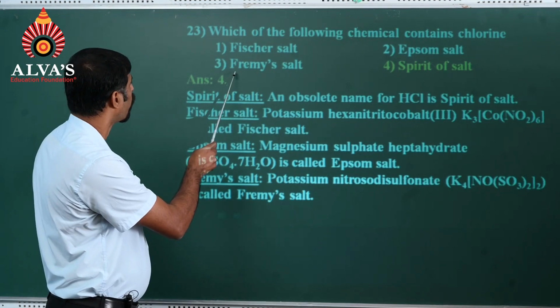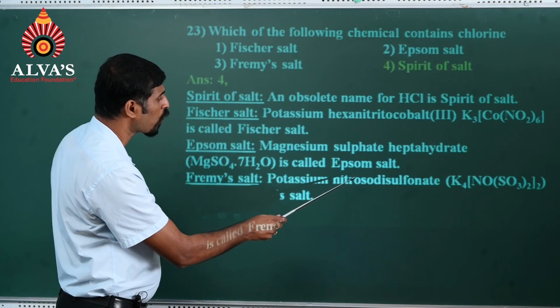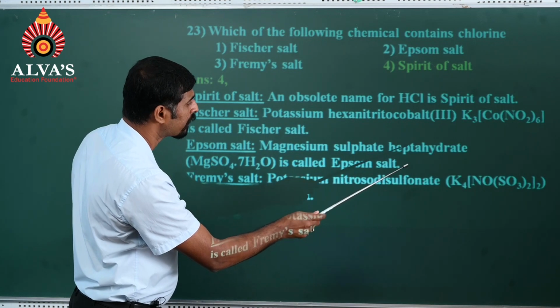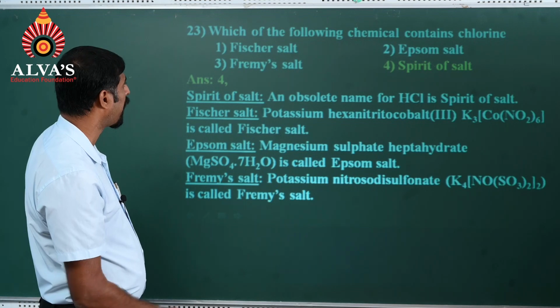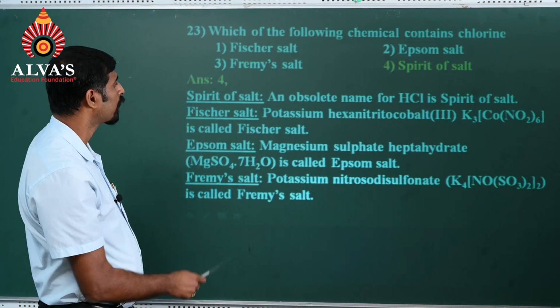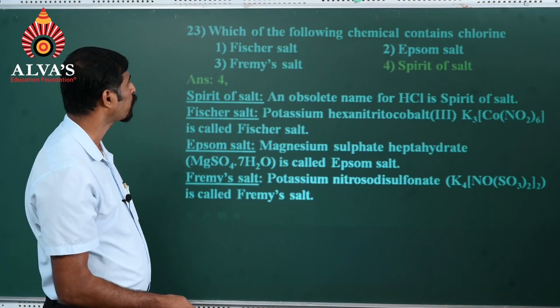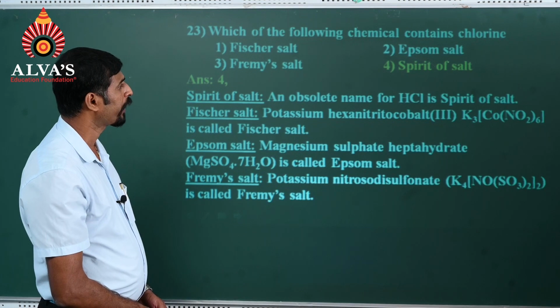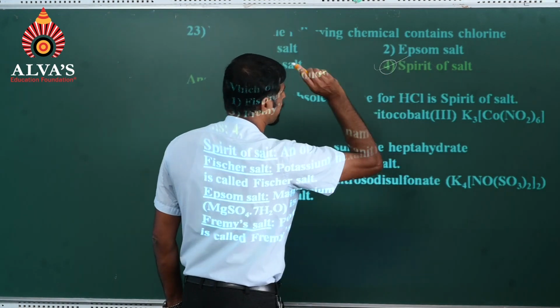And Fremy's salt, potassium nitrosodisulfonate, in this also chlorine is absent. But in the case of spirit of salt, what is it? The spirit of salt is another name for HCl, and that's why in HCl chlorine is present. Therefore, option 4 is the right answer.